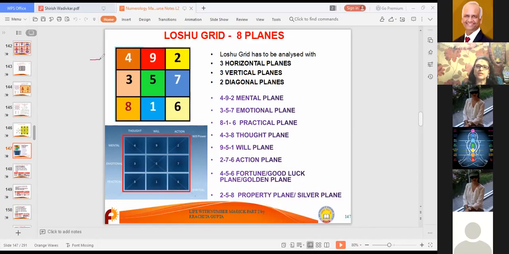Arrows means we count horizontally like this, and we also do vertically like this. So 3 horizontal planes are there, 3 vertical planes are there, and 2 diagonal planes are there. Diagonal means like this, 4, 5, 6 and 2, 5, 8.